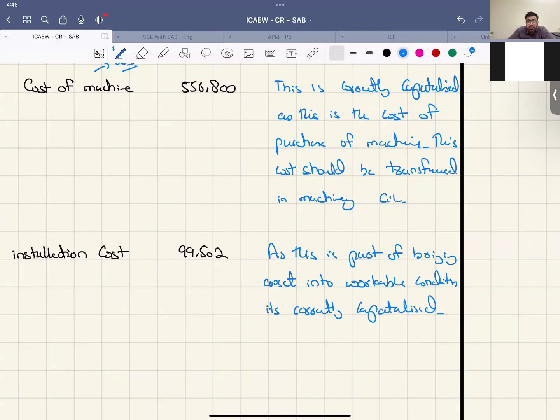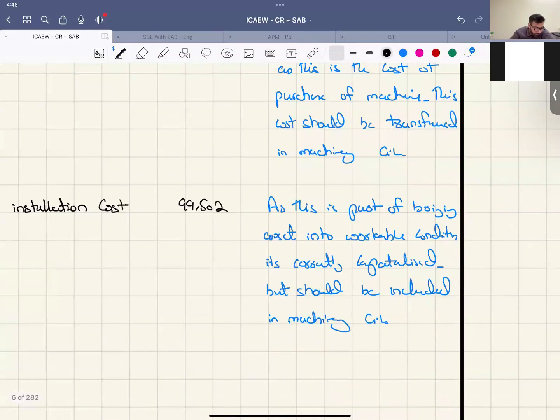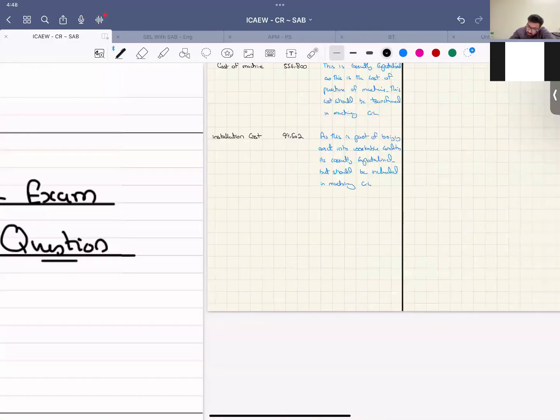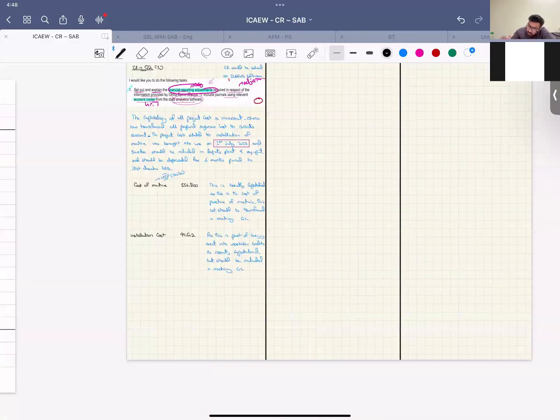It is definitely correctly capitalized, but should be included again in machinery GL. So how do you know that this isn't in machinery GL? We'll open the software and we'll see. Don't worry, okay? Then, any other cost that you wish to capitalize?